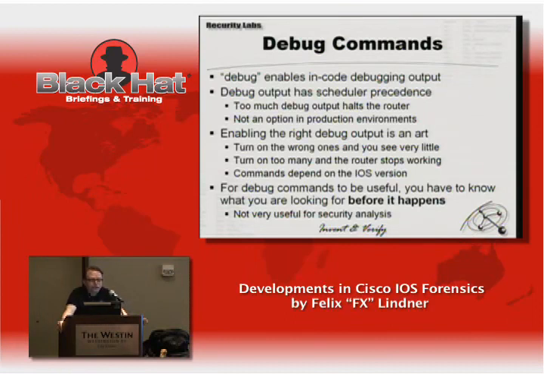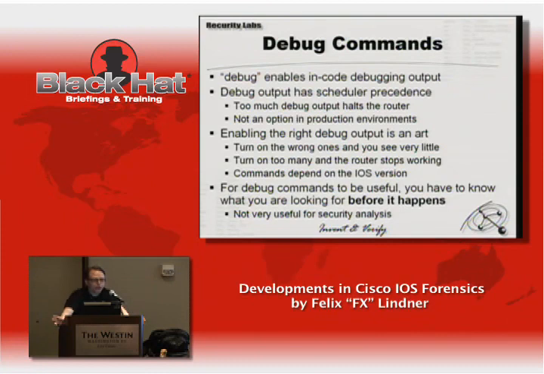And then debug commands have scheduler precedence, and it's a run to completion scheduler. So if you have too much debug output, the router just stops working and keeps printing until the buffer is empty. And then it goes working again, which of course means your TCP sessions are all going to waste. Which also means it's not an option in production environments.